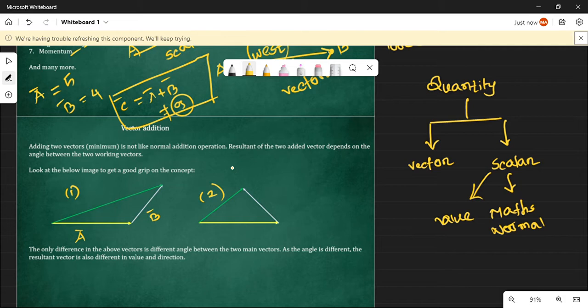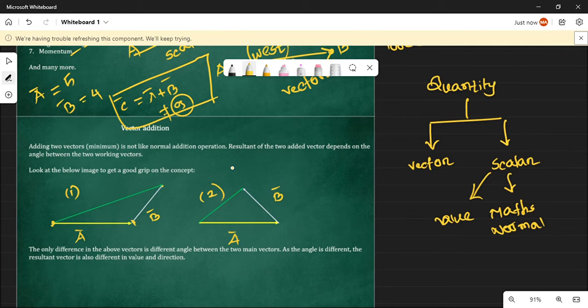Vector A and vector B are the same in value in both images. Now the rule of addition, which is the triangle rule of vector addition: this is the starting point and ending point of the first vector, and this is the starting point and ending point of the second vector.